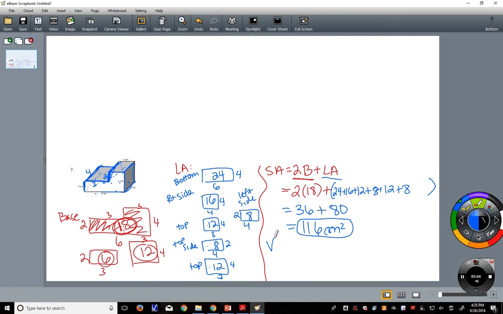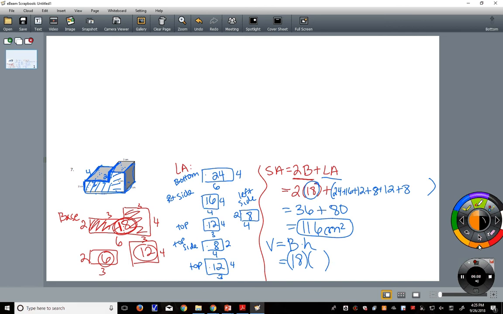And then for the volume, since you already did a really good job of determining the base, that it's this front L shape, since it has that in the front and the back, then we picked the right base area, and we already calculated what that base area was as 18. So the base area is 18, and we want to multiply it by the height.